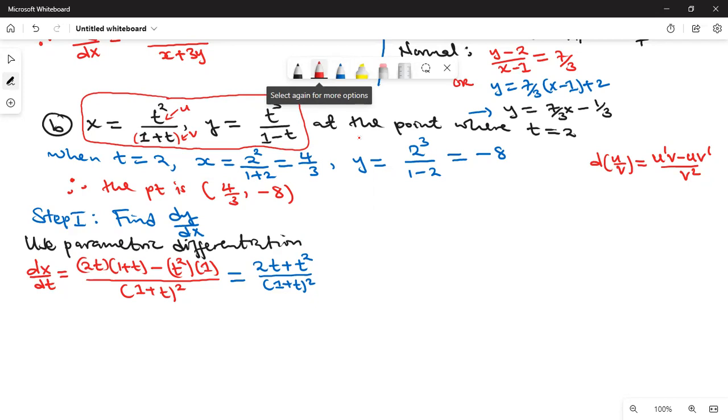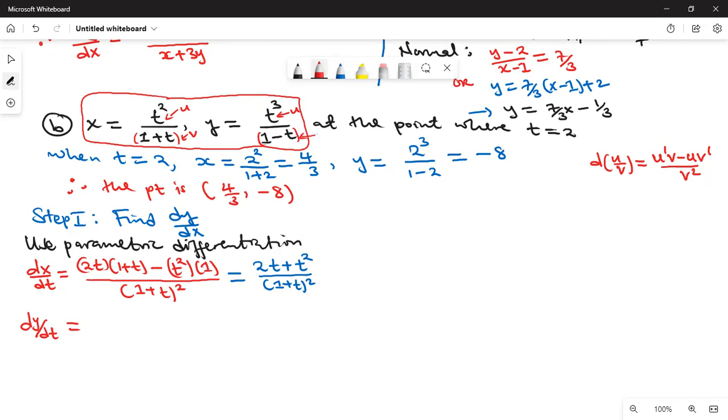Also find dy/dt. dy/dt, another quotient rule. Now our u is t cubed and our v is 1 minus t.